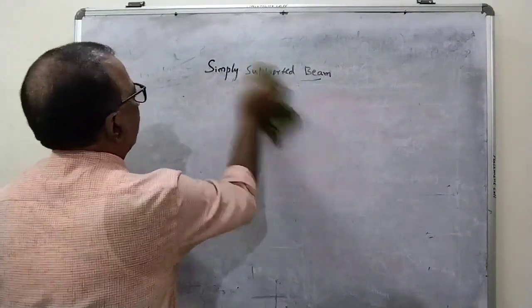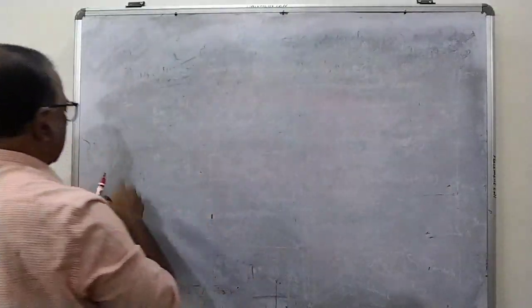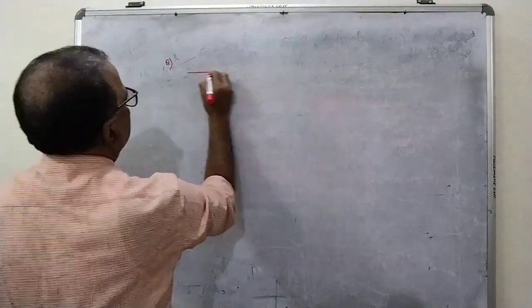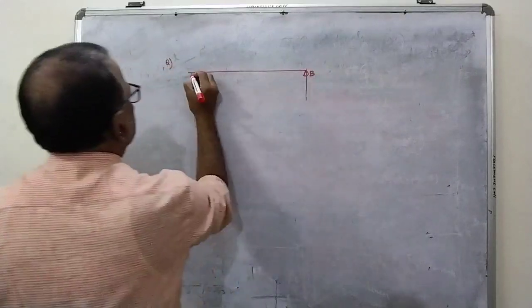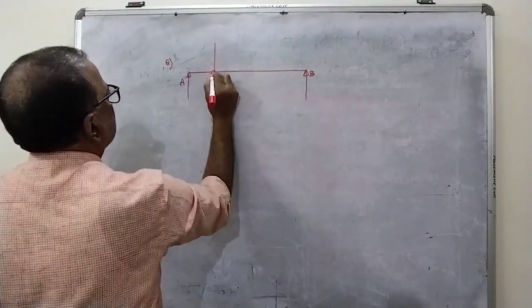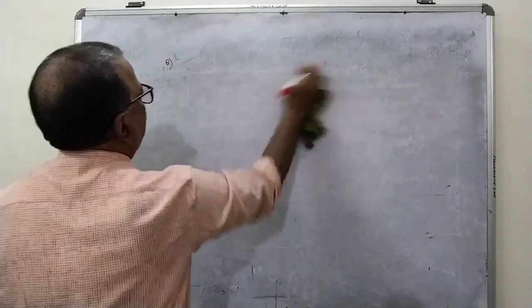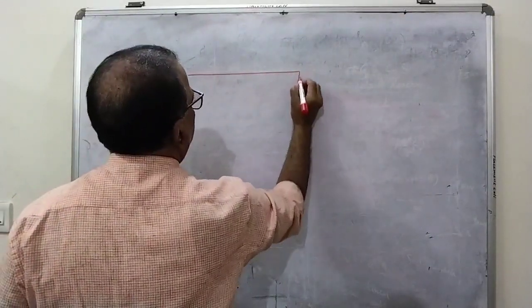Let us go for multiple point loads. Next question, when a simply supported beam is acted upon by 2 or 3 loads. Let us say this is one case, but for this case also you remember it will be an important objective question.